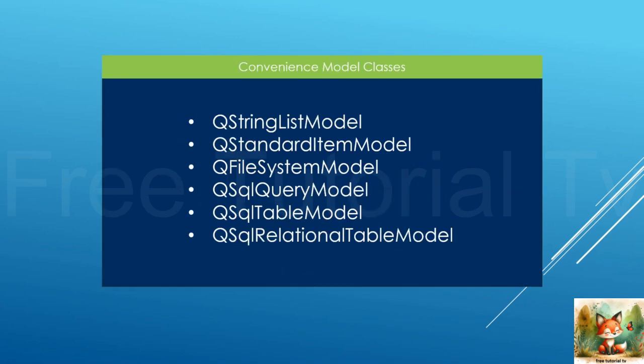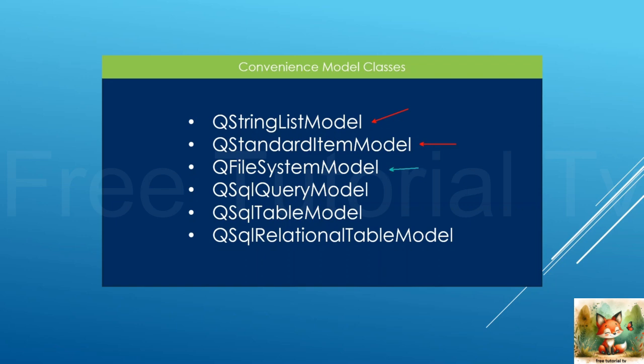If you want to go a bit simple, you can use completely pre-built models like QStringListModel, which is going to give you a list of strings. So it's going to be wrapping around a list of strings. We have a QStandardItemModel we can use to build prototyping models to plug into our views to see how things work.